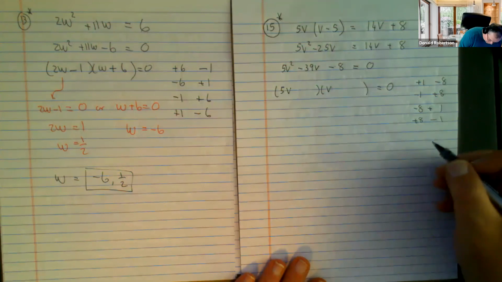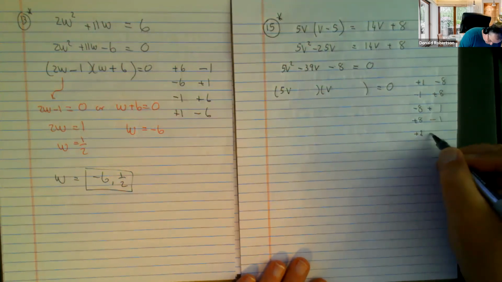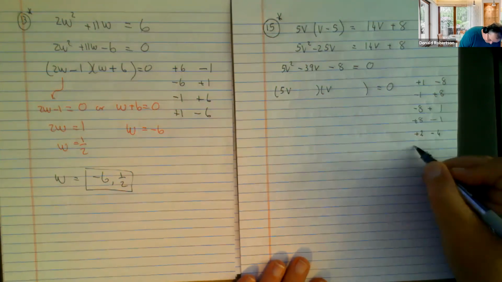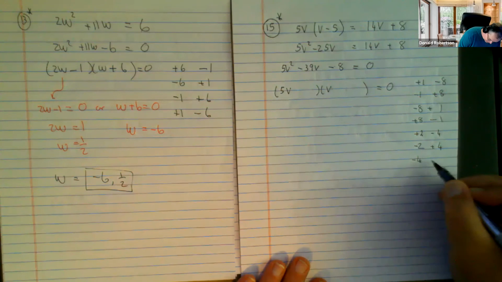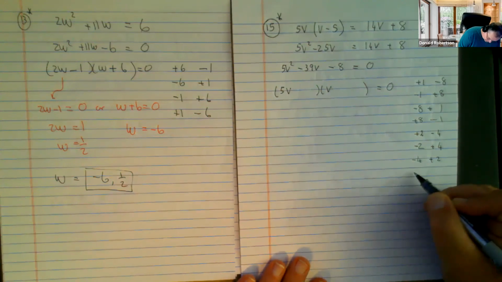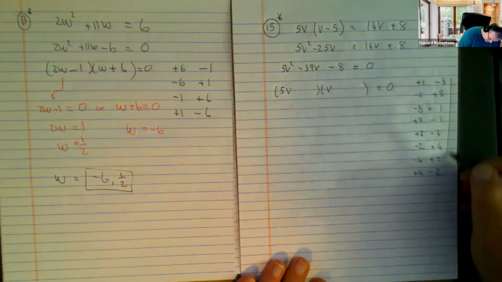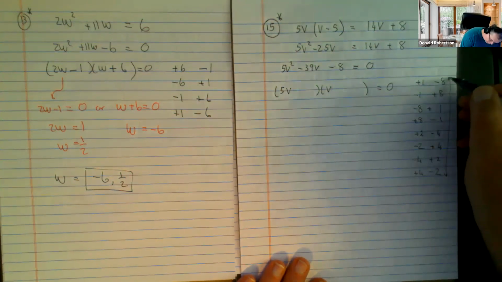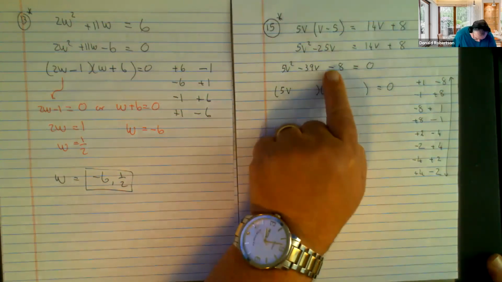Of course, there's one more combination I haven't dealt with, and that's the 2, 4 combination. So 2 and -4, -2 and +4. Switch places, a -4 and a +2, and a +4 and a -2. There are 8 possible combinations that would work with this one.